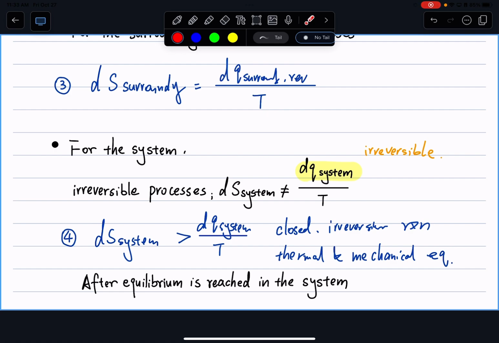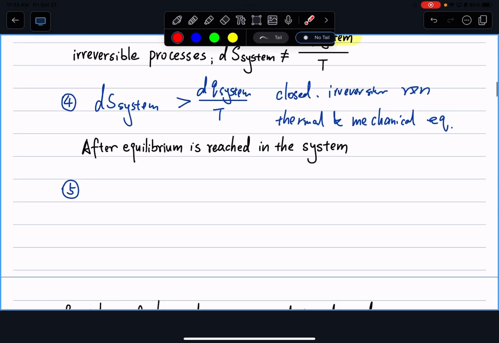And after the equilibrium has been reached within your system, then you have dS equals dq reversible over T again. Or taking it all together, the change of entropy is always larger than or equal to dq over T, where the equality is reached when your system reaches equilibrium.